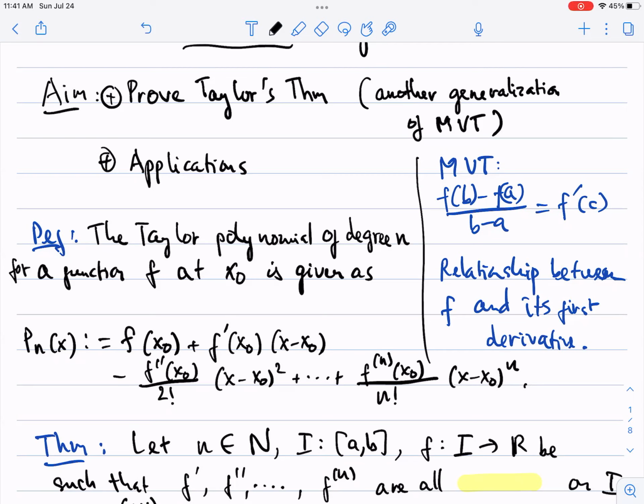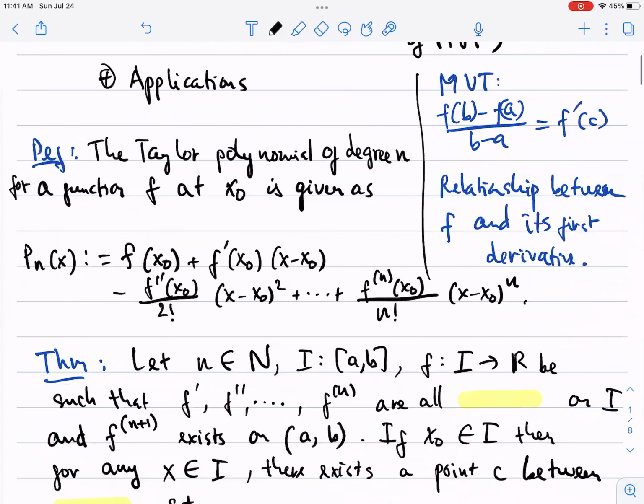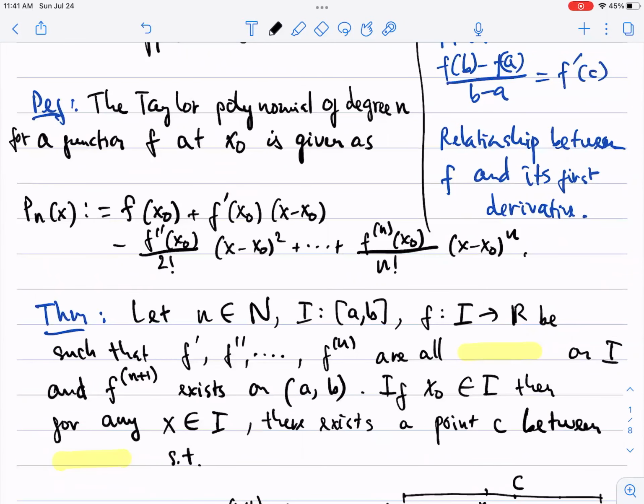So we first start with a definition. The Taylor polynomial of degree n for function f at x0 is given as follows. P_n of x is equal to f of x0 plus f prime of x0 multiplied with x minus x0. So this is related to the first derivative of the function.